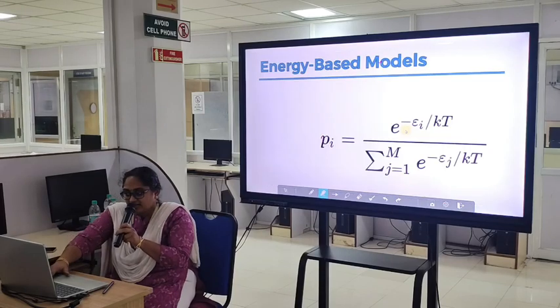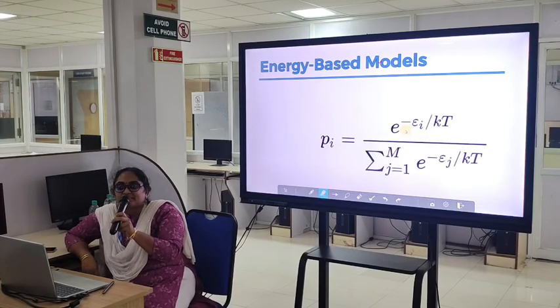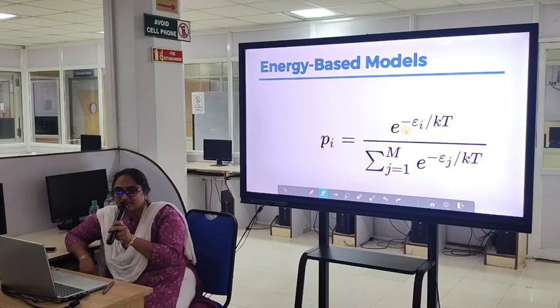So what is the basic concept behind the Boltzmann network? They are all energy-based models.